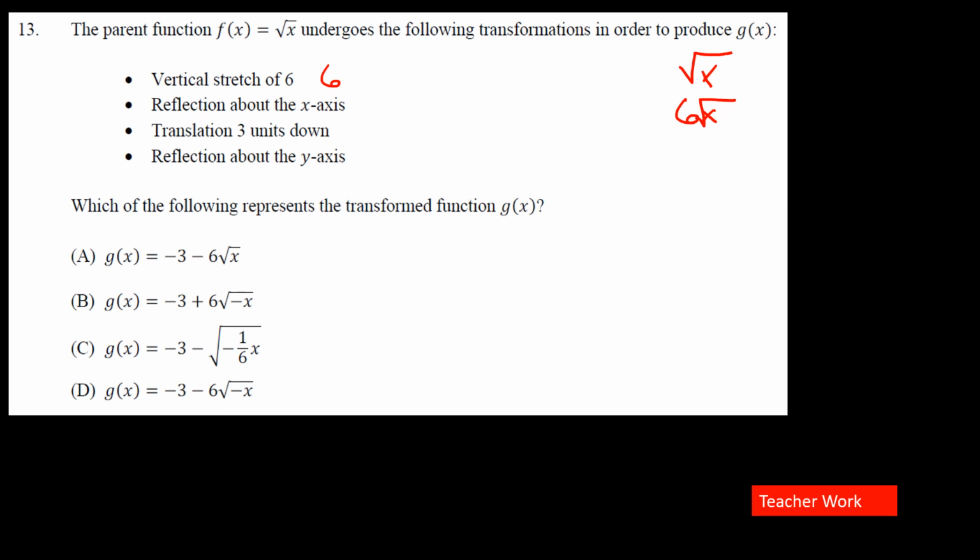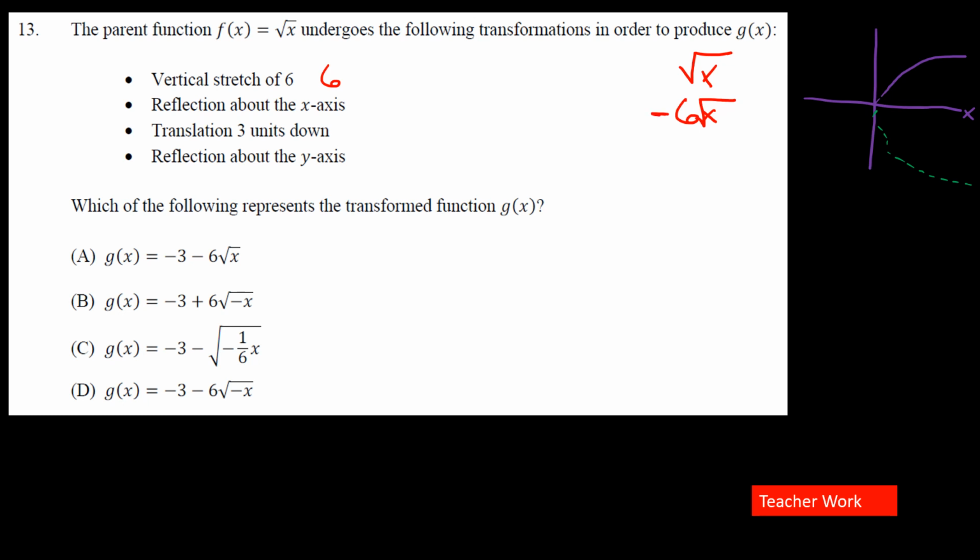A reflection about the x-axis. So a reflection about the x-axis, just so you can visualize this here, is really what we're having is originally we'd have this, but the reflection about this x-axis means that we are now being flipped over here, which means that this now becomes negative.